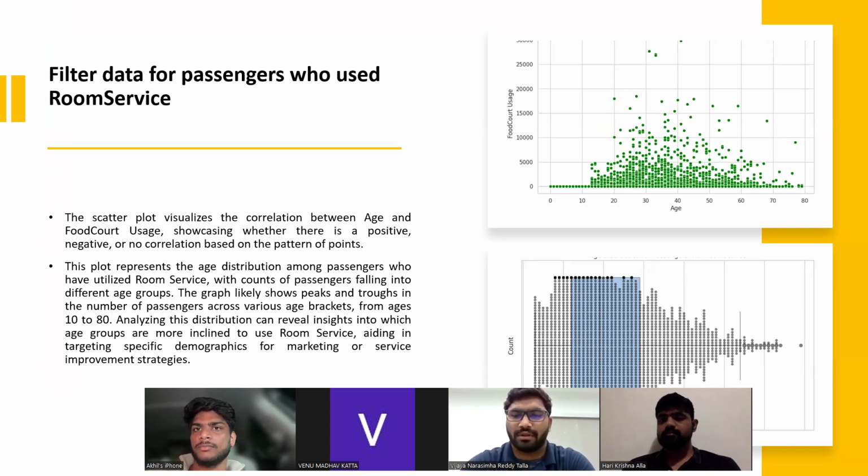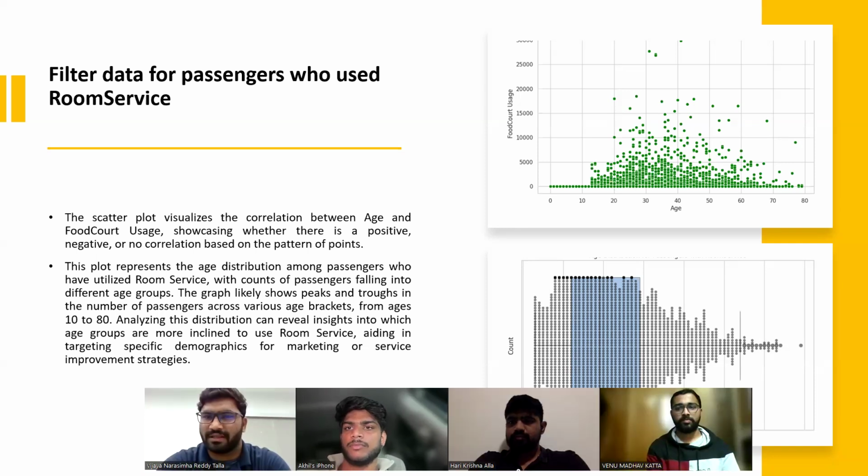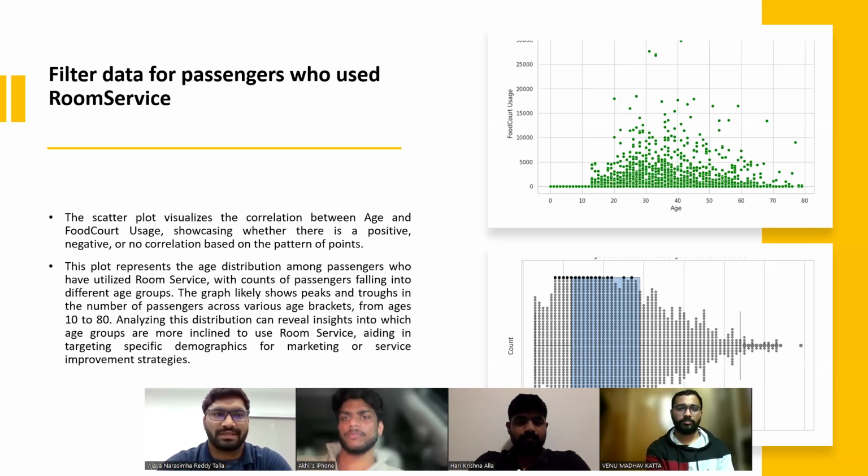And in the second graph, we can see the correlation between 0 and -1 and +1. Among the ages, we can see the difference here. Users in the age range of 20 to 50 utilize the food courts more. Come to the next slide.